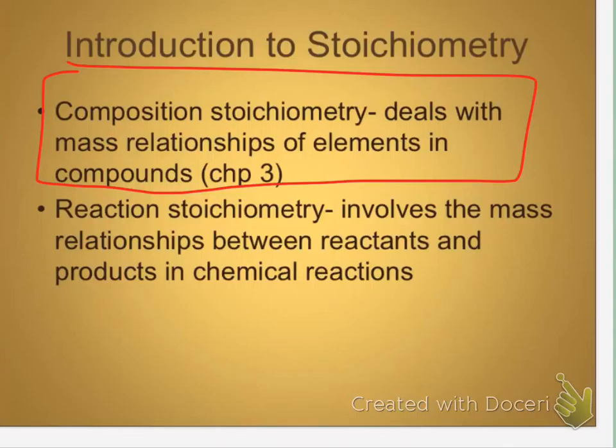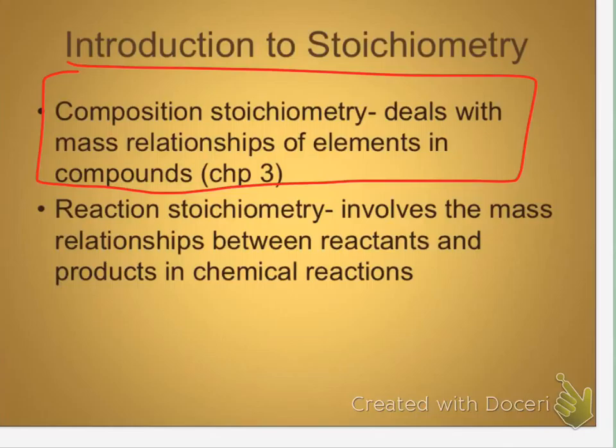Then in Chapter 7, with compounds: how many moles of carbon dioxide are represented in 150 grams of carbon dioxide? What is the mass in grams of 11.2 moles of sodium chloride? So you've done composition stoichiometry.